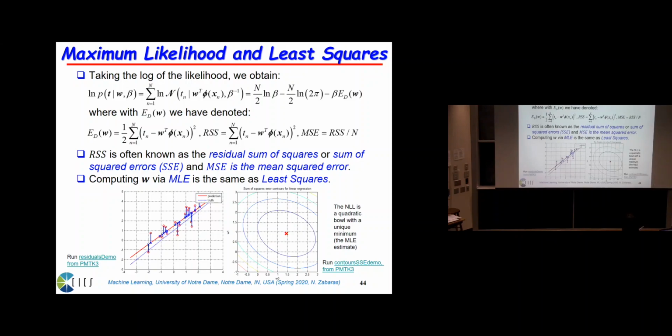What's the equation of a circle in W1 and W2? W1 squared plus W2 squared equal to what? To a constant, right? Okay? So that will be the easiest thing you will get.